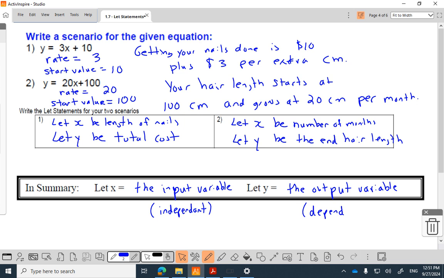Have you heard those words before? Independent and dependent. Independent's what I plug in, dependent's what I get out.